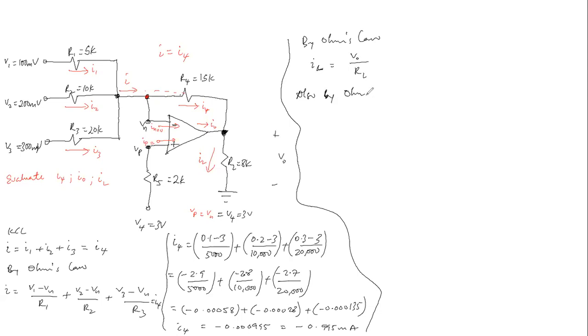And also by Ohm's law, the current at the output side, which is I sub 4, is the same as V sub n minus V naught divided by R sub 4.